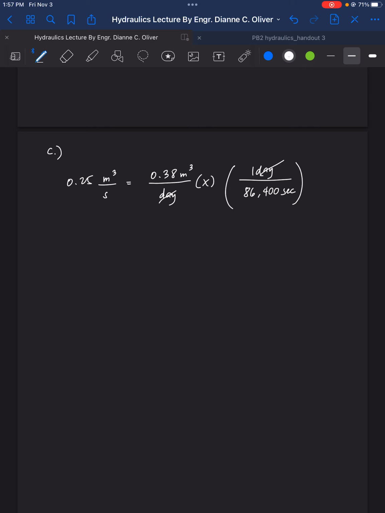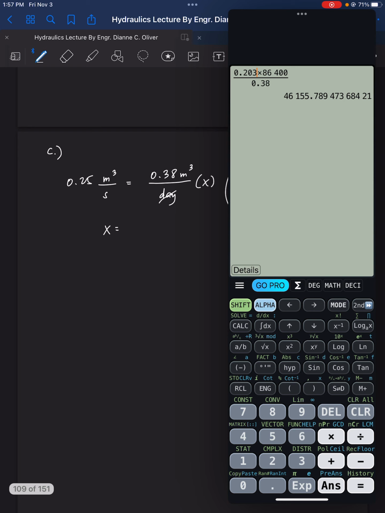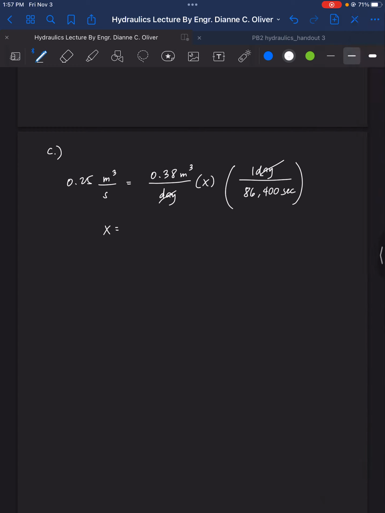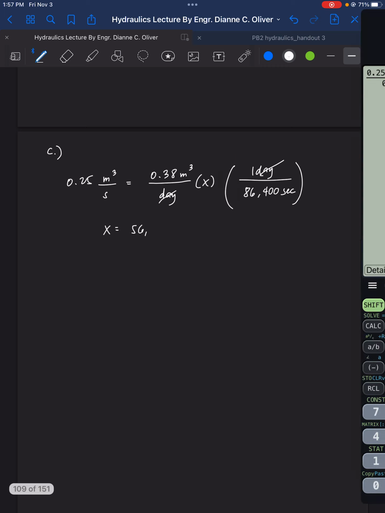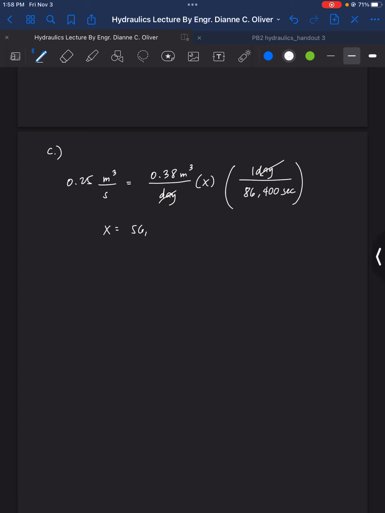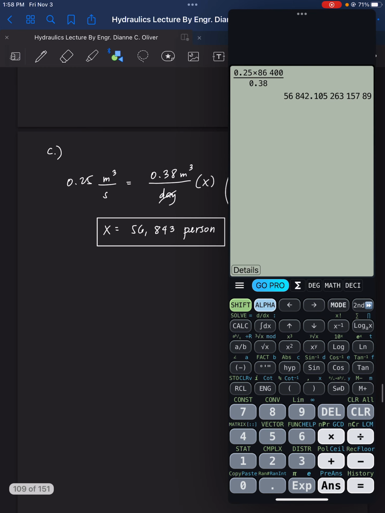Cancel day here, cancel cubic meter per second. So what's left here for X is, we are supplying 56,843 persons for Townsite E.